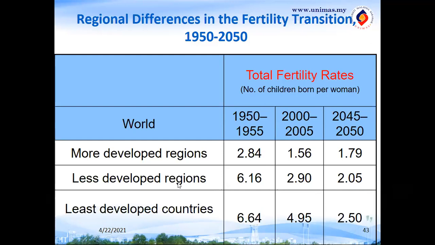Among the developing countries or less developed regions, it is expected that by the year 2050, on average there will be about 2 children born per woman. Okay, 2 children born per woman. All right.